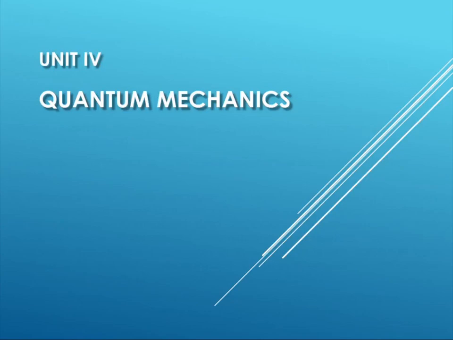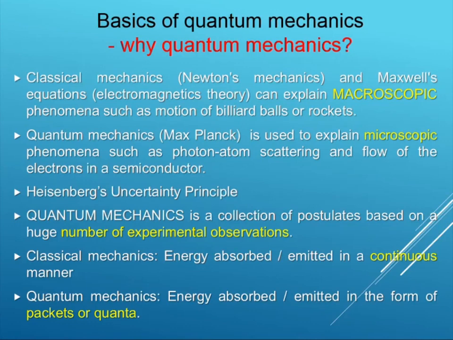Remember that quantum mechanics is your unit number 4. While studying quantum mechanics, we must know some things. In the beginning of the 19th century, one mechanics was developed, and that mechanics was based on Newton's laws of motion. It was also based on Maxwell's equations, that is the electromagnetic theory.